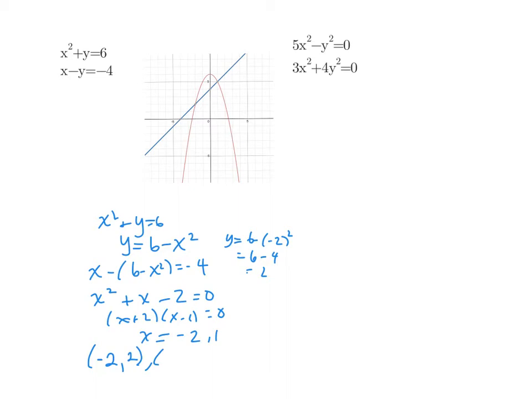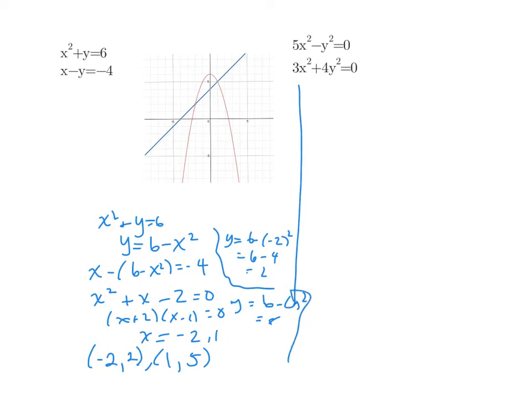And when x is +1, we get y equals 6 minus 1 squared, which is 5. So we have x equals 1, y equals 5, and x equals -2, y equals +2.